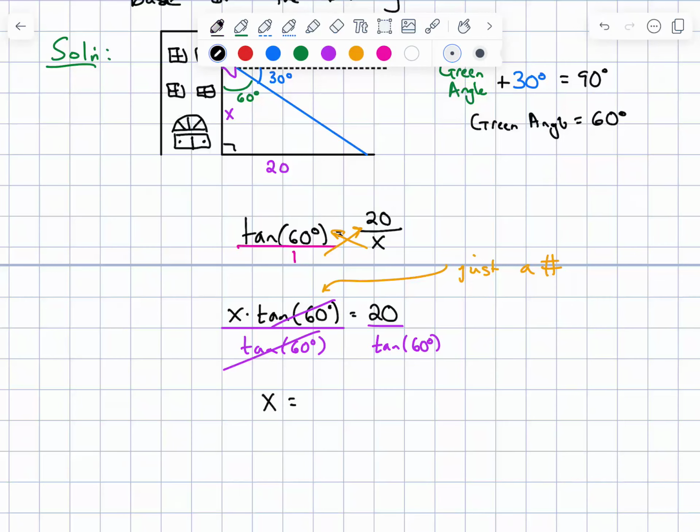So you get x is equal to 20 divided by tangent of 60, which is approximately, it didn't say where to approximate to, so let's just do 2 decimal places, 11.55.